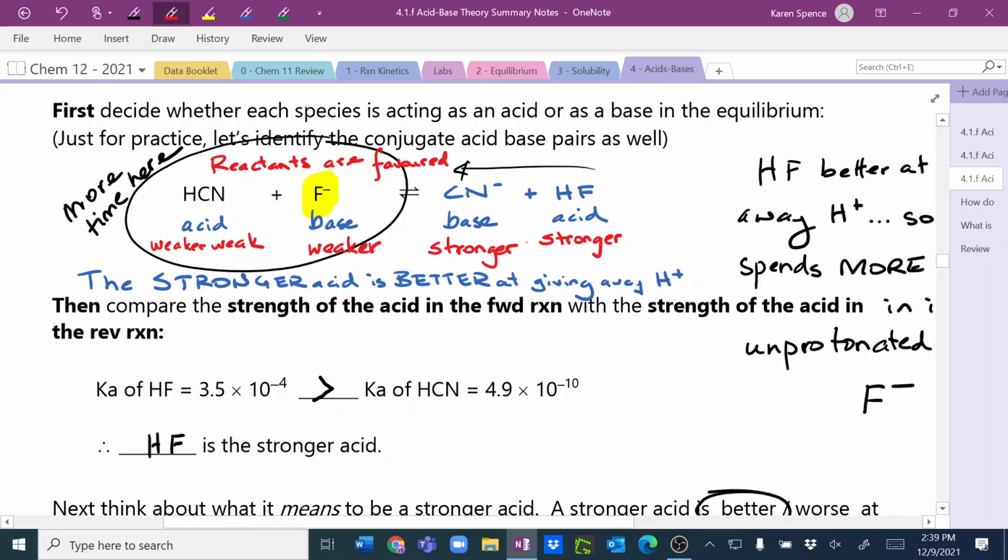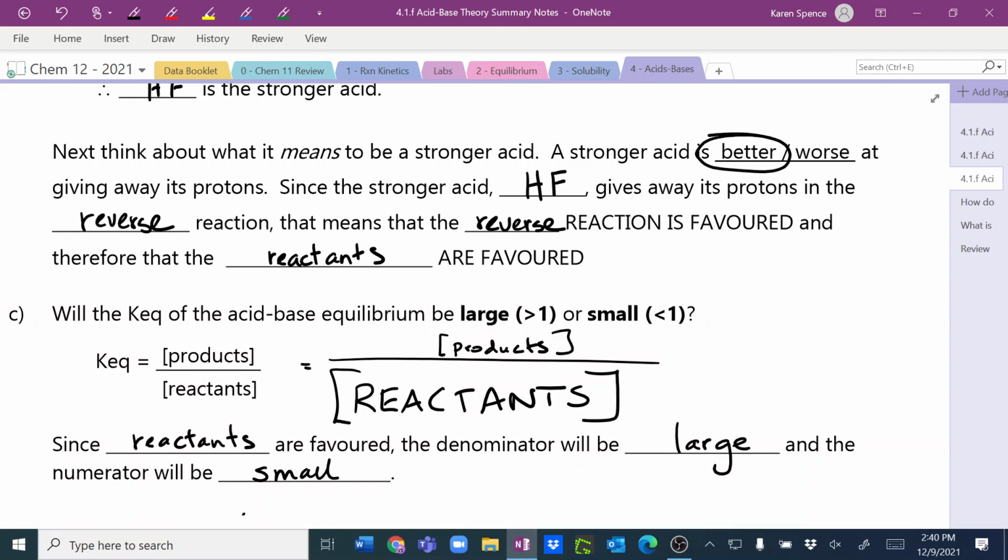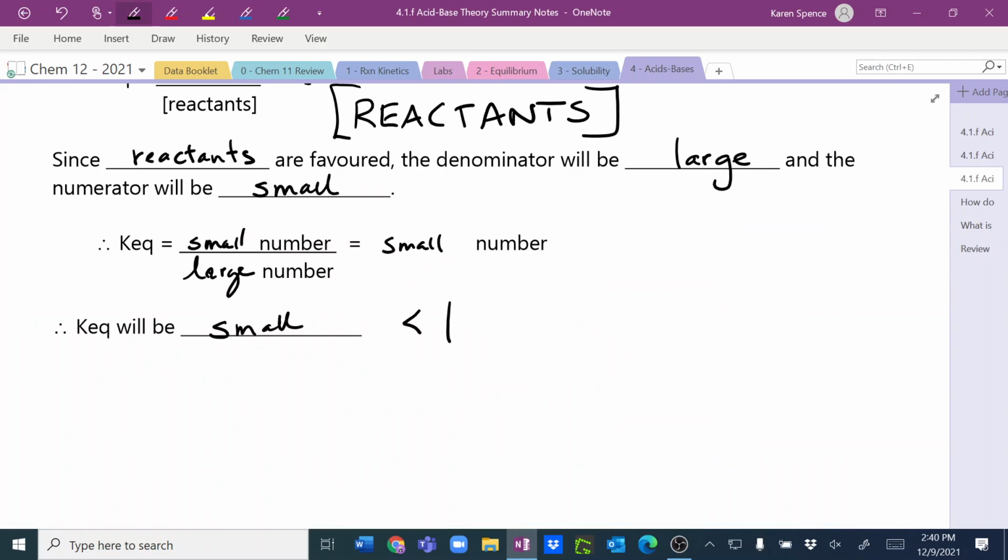What do you notice about the two stronger things? They're on the same side and they will always be on the same side, okay? So our two stronger things are on one side, our two weaker things are on the other side. So we can write that down here at the bottom, maybe with a star beside it because it's quite important.